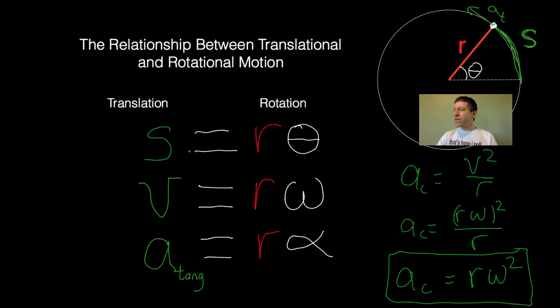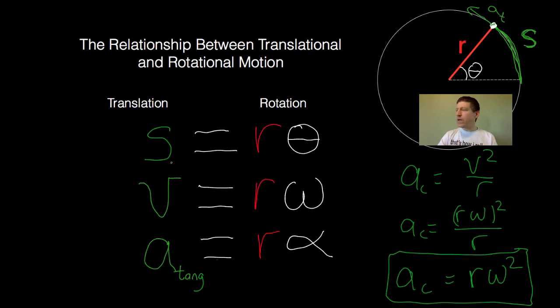And you'll notice here that this is a distance times an angle in radians. How do the units work out? Well, this is how radians is a non-unit. If you multiply meters times radians, you get meters.